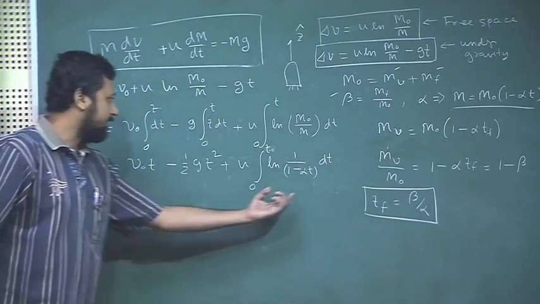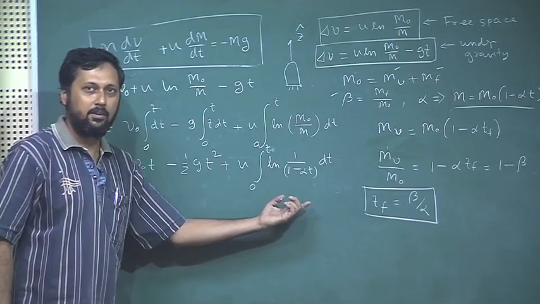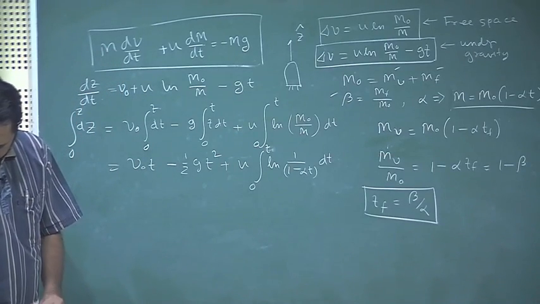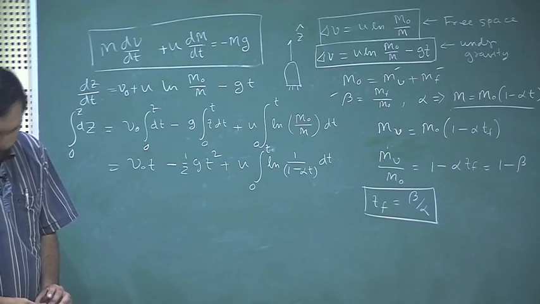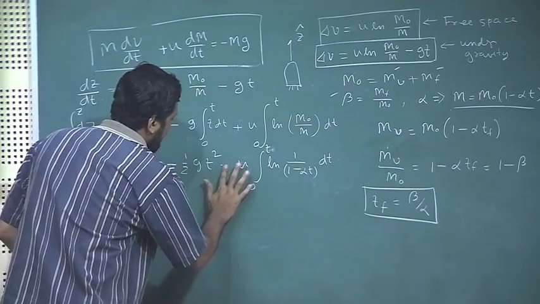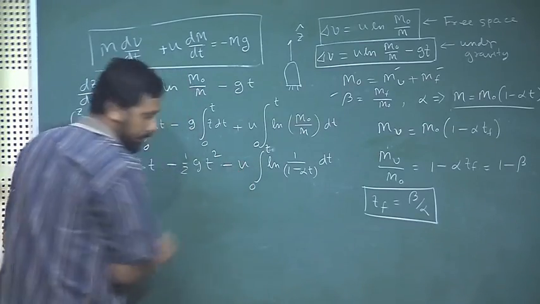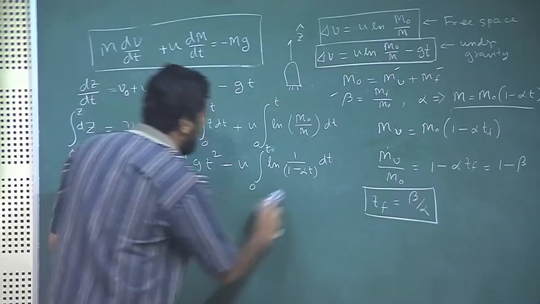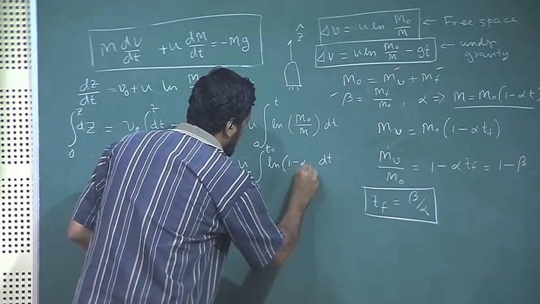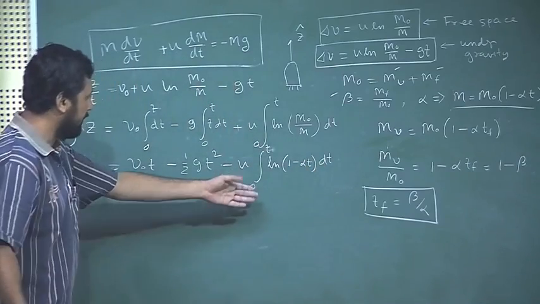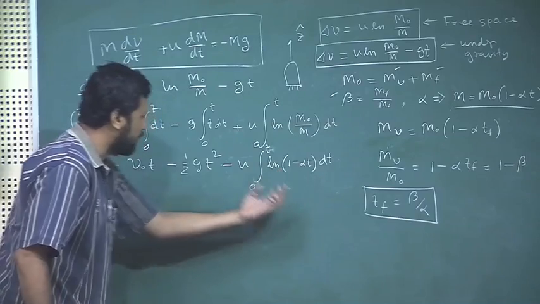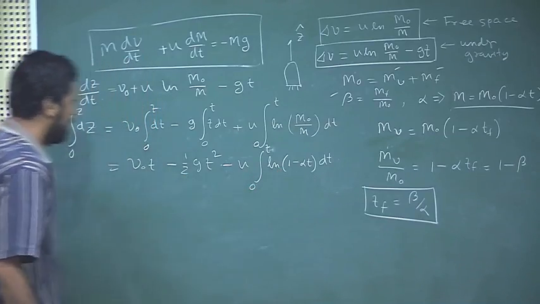This is a slightly tricky integration, but it is completely doable. We can simply put a minus sign here, and instead of writing it like this, we can write ln 1 minus alpha t. That is even easier to integrate, and I am not showing the final integration, you can do it yourself, you know how to integrate these things.